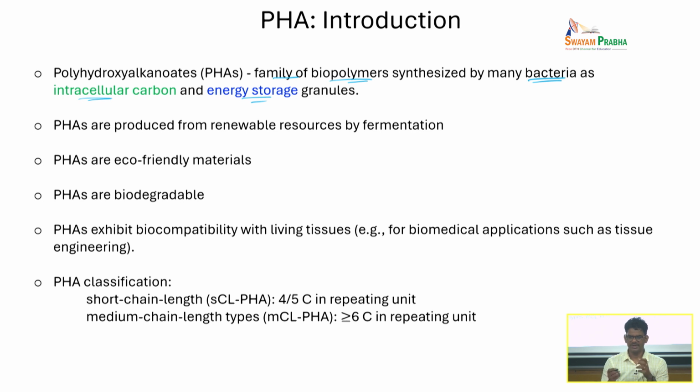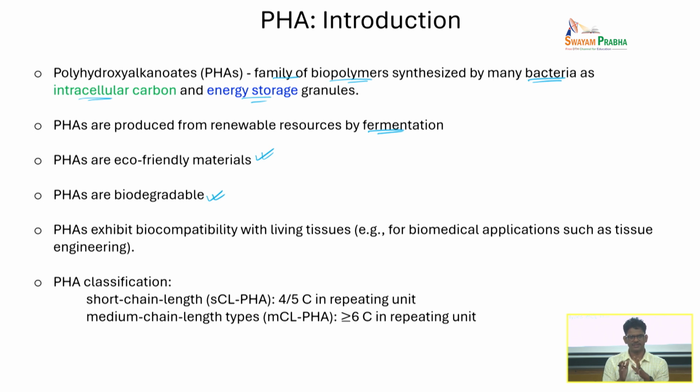The bacteria use some sugar or biomaterial substrates and ferment them into polyhydroxyalkanoates. So PHAs are eco-friendly because they are based on biorenewable materials, and they are also biodegradable both in soil and marine conditions as well.